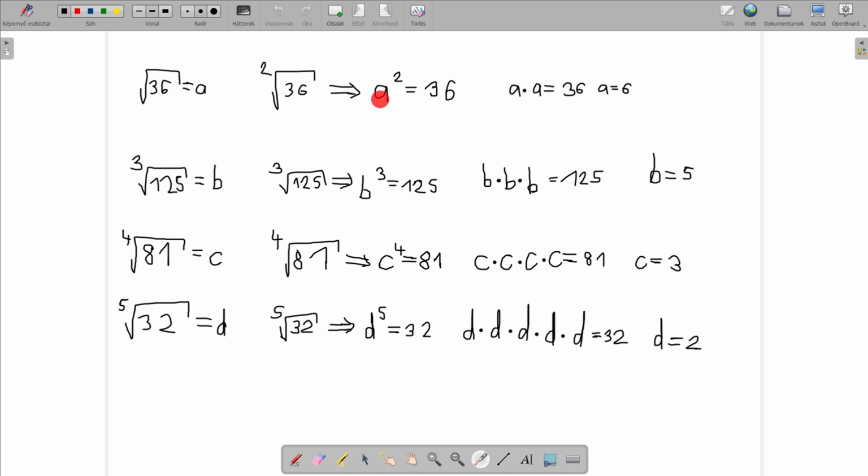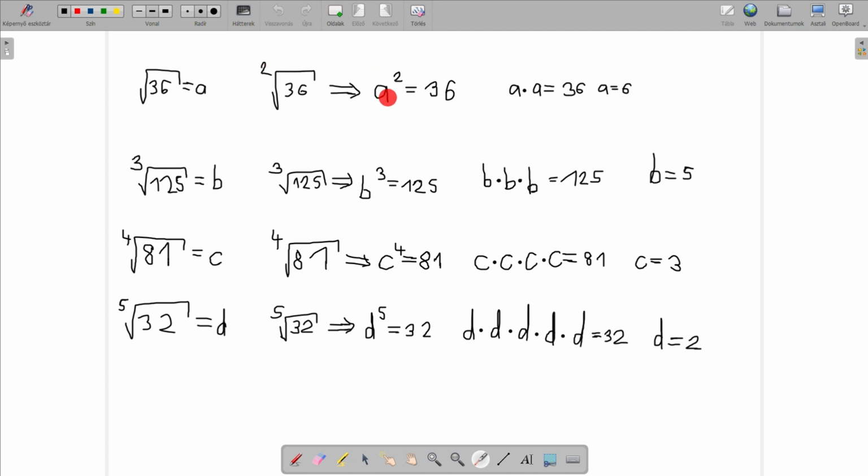But the main thing here is that with this little 2, you can also say that we are looking for a, and a is the number that's going to be the square root of 36. And we can also write the square root like this, with a little 2 up there on the top left corner.